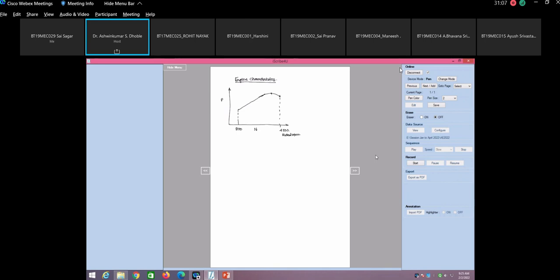This is the rated. And if you ask me the torque, torque is something like this. This is flatter somewhere here, and slightly, if this is the middle, slightly in the forward direction. This is basically the torque curve.